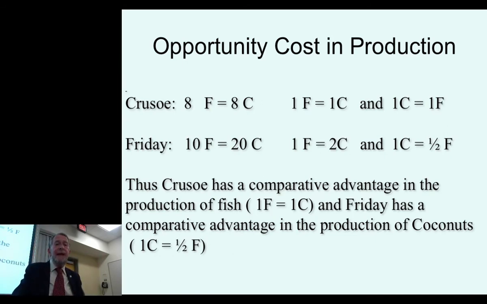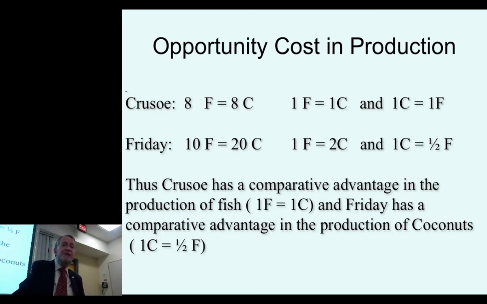And by the way, you solve this equation, which you all should know: if I have 8 fish equals 8 coconuts and I want to get 1 fish, divide both sides by 8 and then I get the answer. Everybody see it? Divide by the coefficient of whatever it is you're trying to solve for, and then you'll end up with a 1-to-1 ratio. So divide both by 8 and you get 1 fish equals 1 coconut.